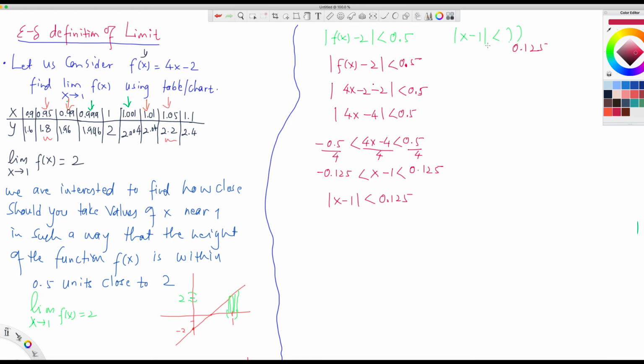That means if you pick x values within 0.125 units away from 1, then the height of the function will be within 0.5 units from 2. Okay, that's what it is saying.